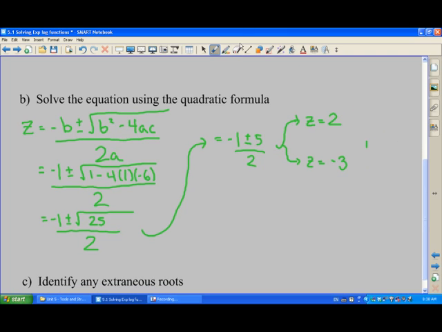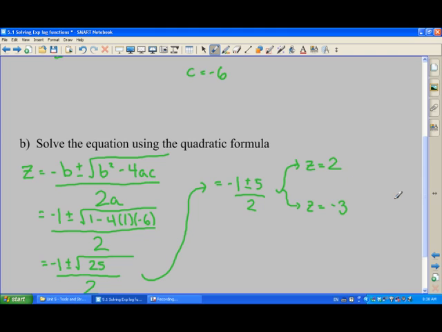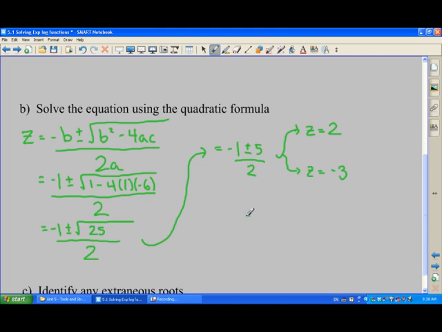Before we finish this question, we need to remember that we made a substitution. So z isn't equal to 2, and z isn't really equal to negative 3. We said that z is equal to 2 to the power of x. So 2 to the power of x is equal to 2, or 2 to the power of x is equal to negative 3.